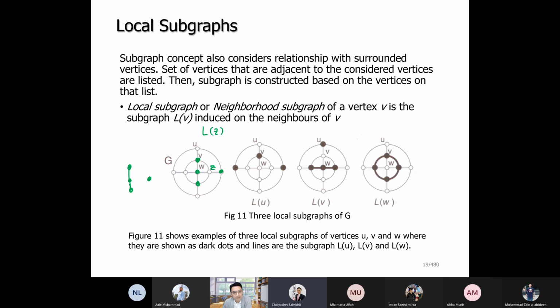Okay, this is the L set, whereas that is on the right. So this is the local subgraph, induced on the neighbors of V. Induced means all the edges that appear in the original graph with endpoints among these nodes must be included in the subgraph.